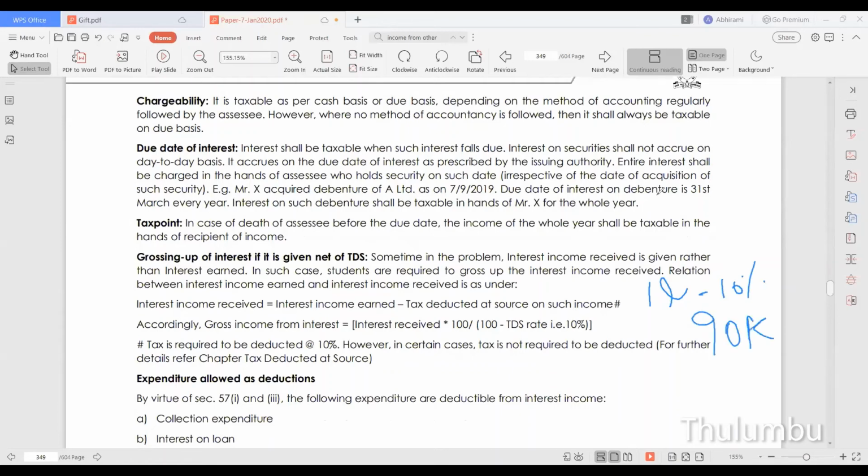So my interest value is 1 lakh and not 90,000. Always the amount before tax is deducted will be my income. That is called grossing up of interest.